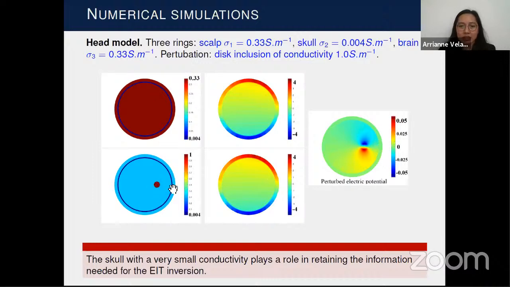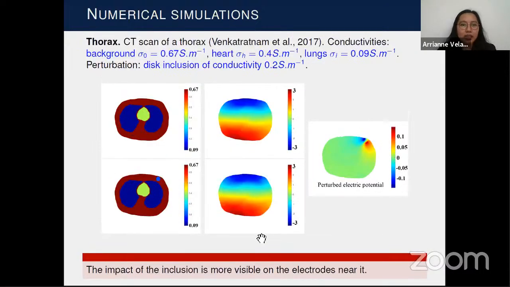The last case is the thorax, where we get a CT scan of a thorax in this paper of Venkatratnam, and we choose the background conductivity to be 0.67.